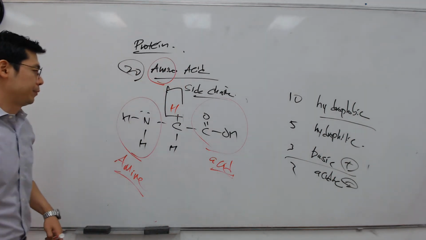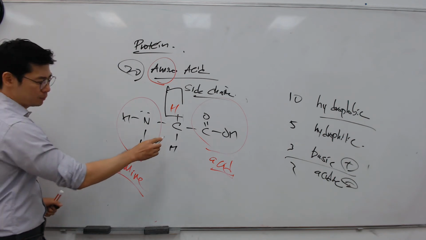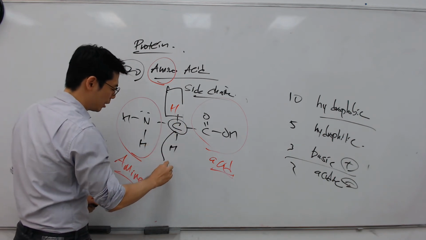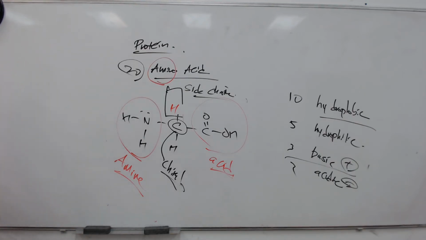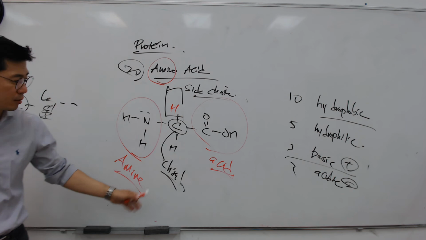Now if you look at this, guys, this carbon is a chiral carbon, a chiral center. Sometimes you see L-glycine or L-leucine, and then D, L and D, because they have a chiral center carbon, but they don't like to play with this too much.